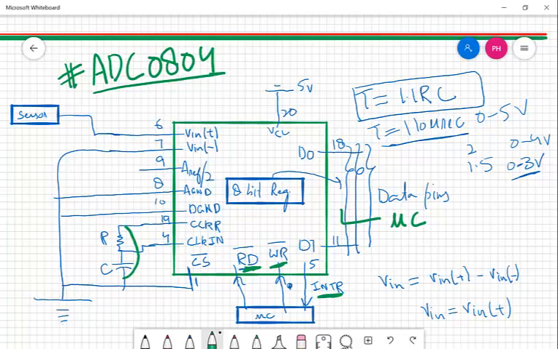We have a capacitor and resistor across 19 and 4. Analog ground and digital ground, and chip select will be grounded. Pin number 20 VCC will be given 5 volts. Vref by 2 pin number 9 is also usually given 5 volts or is not connected. That gives a reference voltage of 0 to 5 volts.